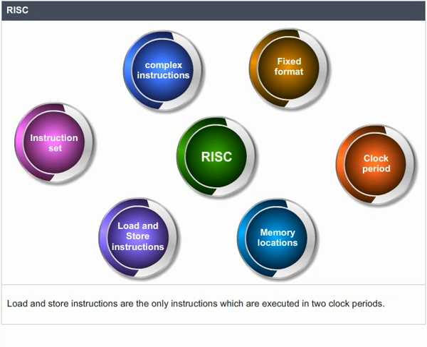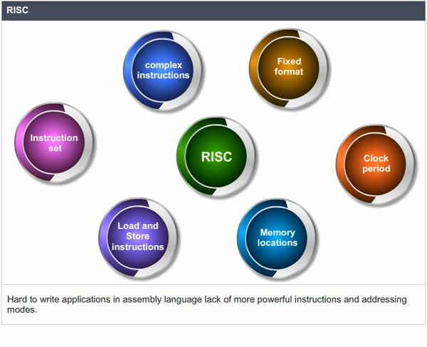Load and store instructions are the only instructions which are executed in two clock periods. All the other instructions from the set are operating with registers or a register and a constant. Hard to write applications in assembly language, lack of more powerful instructions and addressing modes.